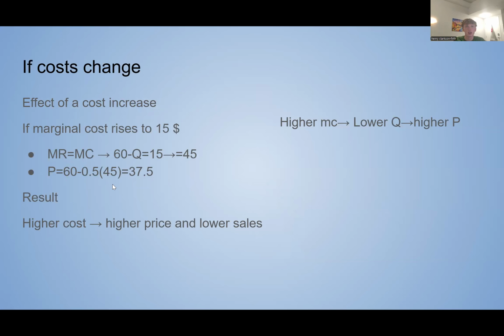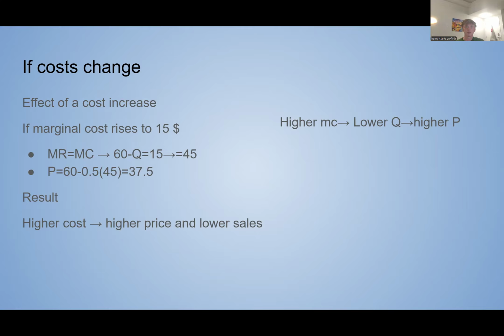Now, let's test whether our model reacts if conditions change. Suppose ingredient costs rise and our marginal cost goes from $10 to $15. So setting marginal revenue equal to marginal cost again gives 60 minus Q equals 15. So Q equals 45.